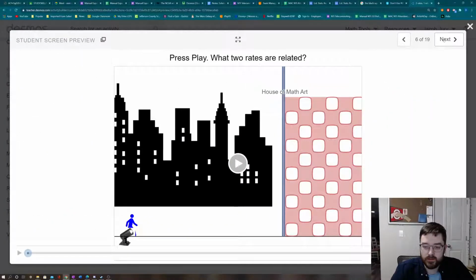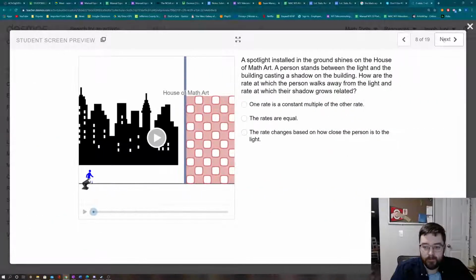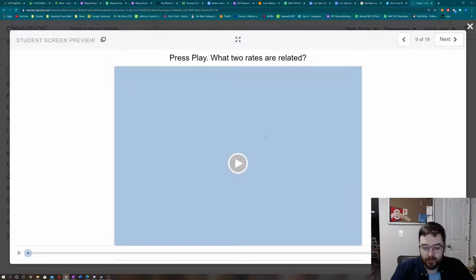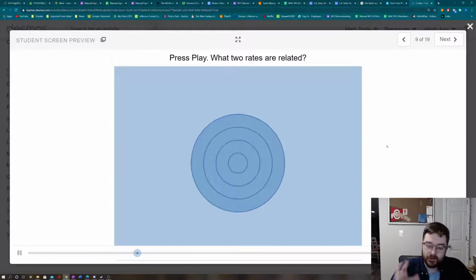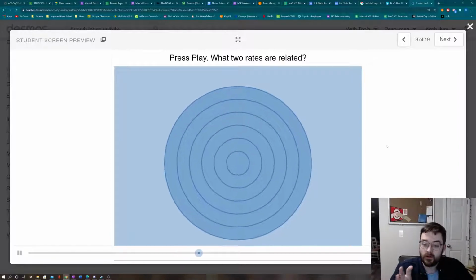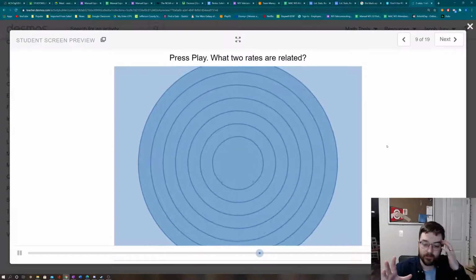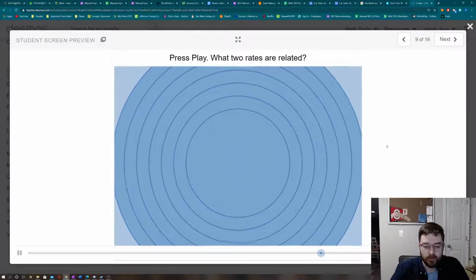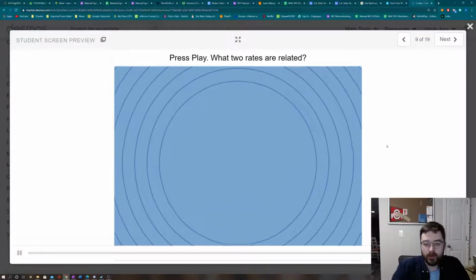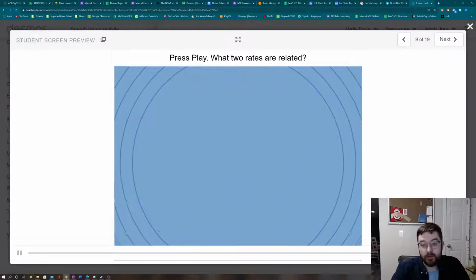We've got some more questions. I think this one's cool, but it's a little confusing. Maybe you can tell what's happening. They're dropping a rock into water, and it's creating a ripple, right? So that ripple is the thing that's expanding.